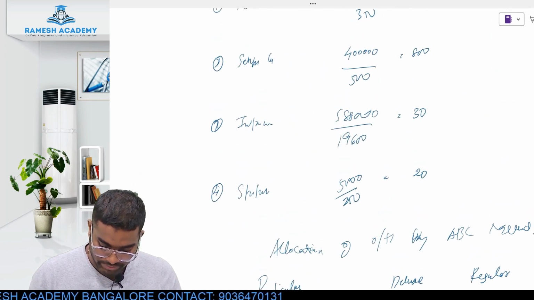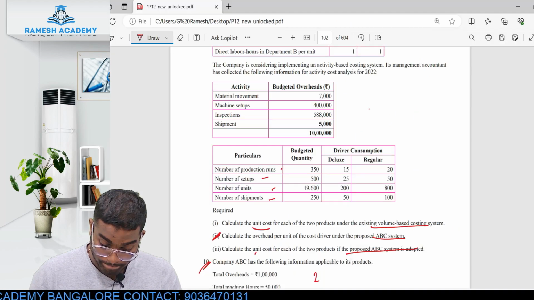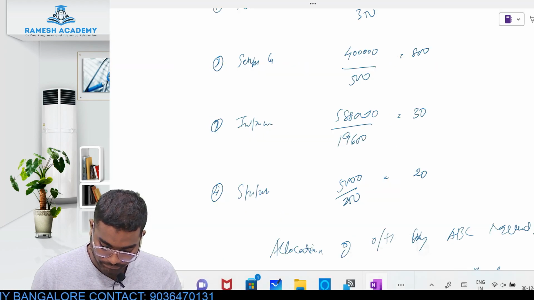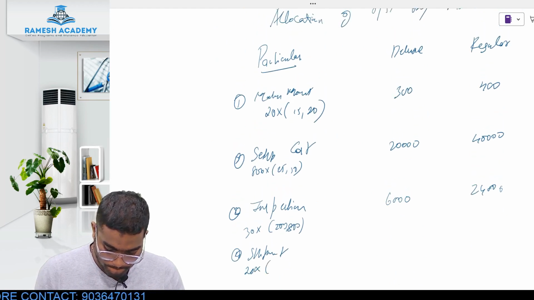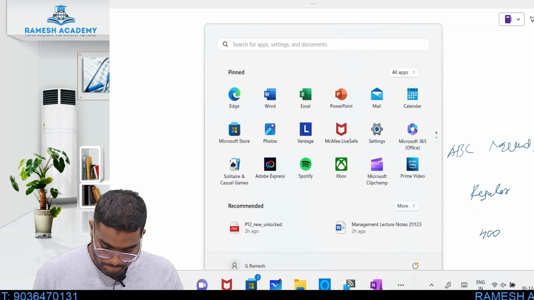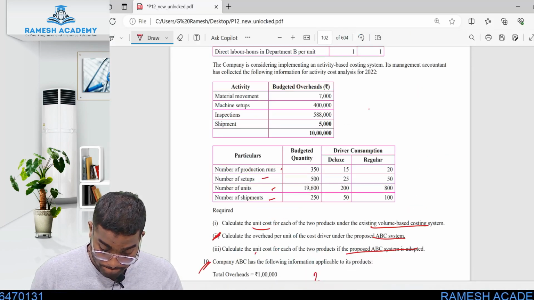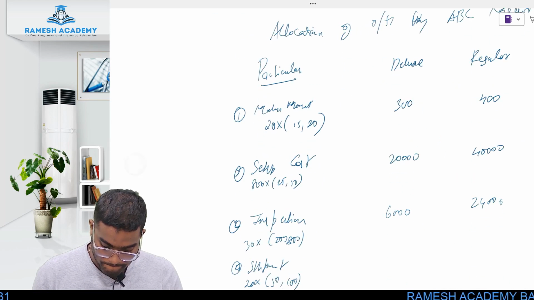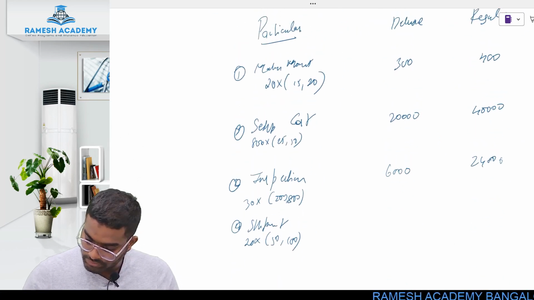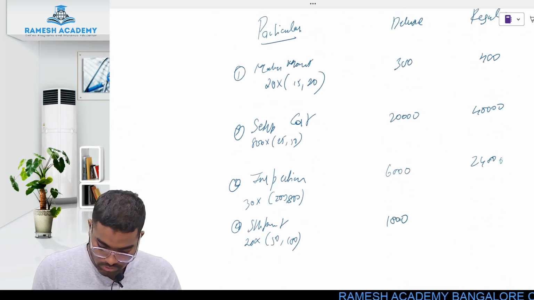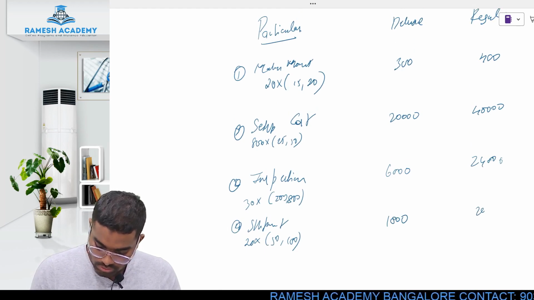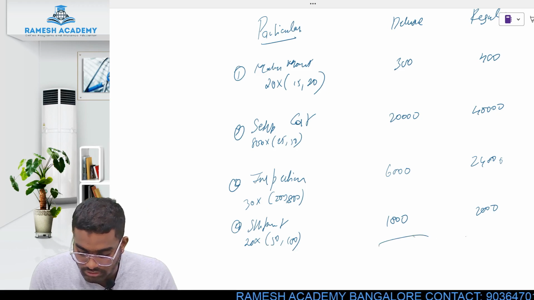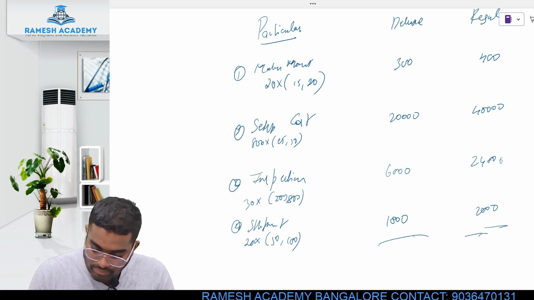Next we have shipment. Shipment is 20, 50 and 100. Into 50,000. 20 into 100, 2000. So we have distributed all the things now. Just add it up and divide by number of units. You will get it.